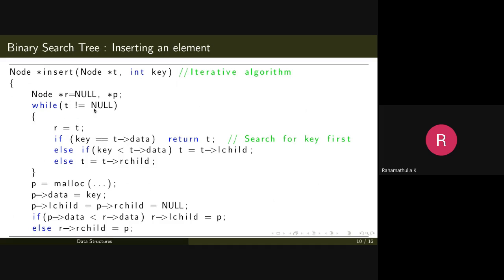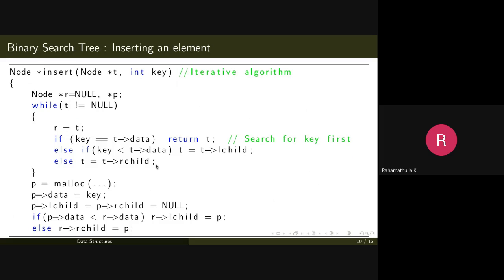Otherwise, if t is not equal to null, then we write r equal to t. We take two pointers r and p. And then r equal to t, and we search here. If key is equal to t pointer data, then return t. Otherwise, you search in the left child. Otherwise, you search in the right child.